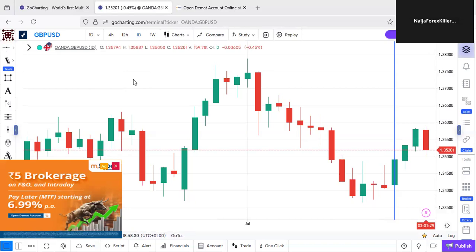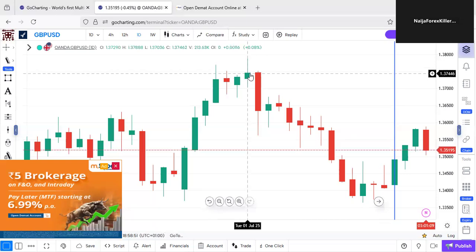I don't know if there's any other thing you feel like knowing when it comes to candlesticks. That's what I can say about candlesticks. Whenever you see a blue candle, just know that the market went up, either in 1 hour, 4 hour, daily, weekly, monthly.